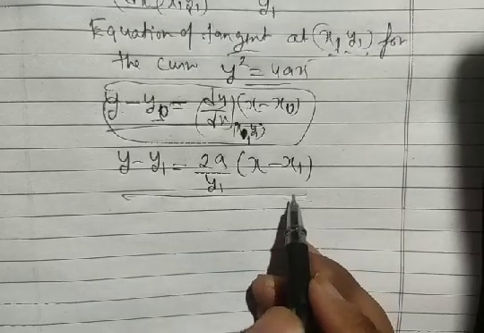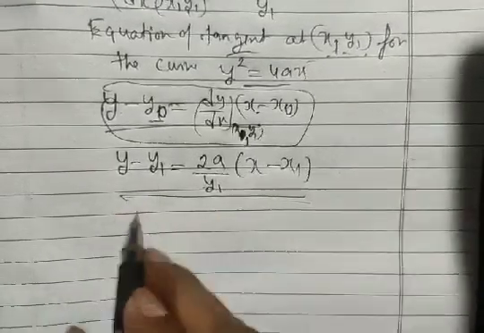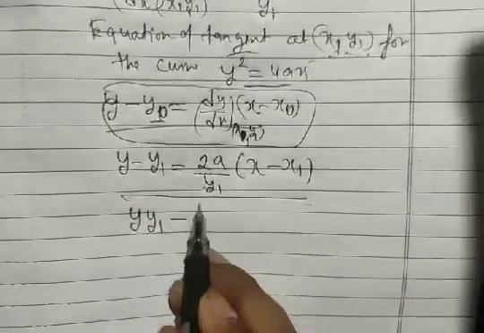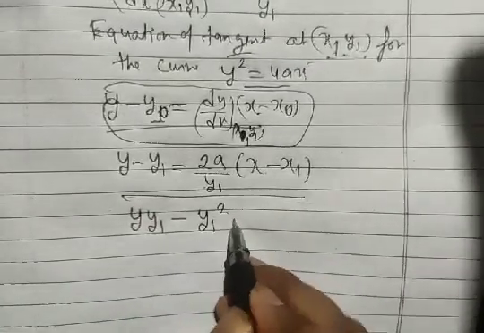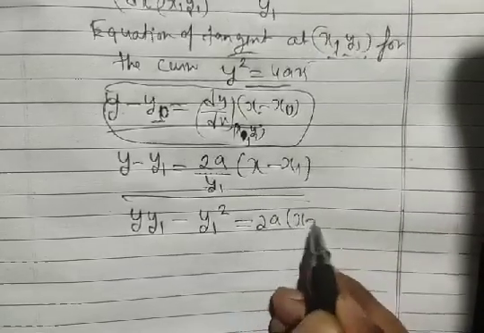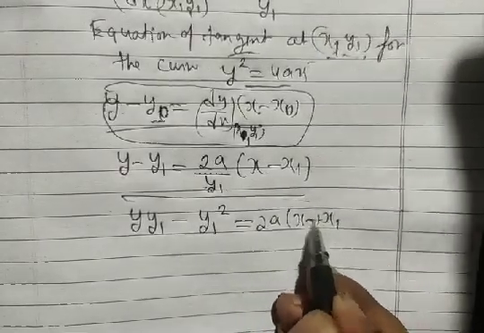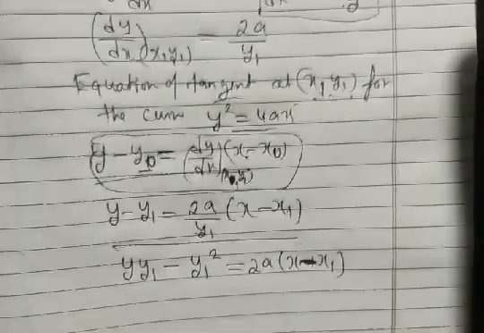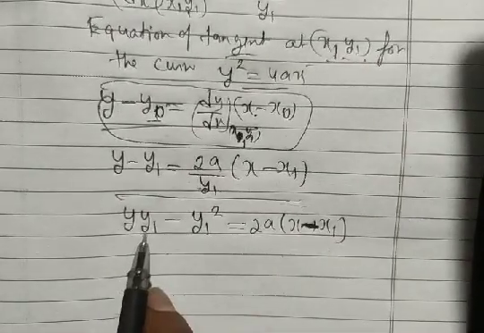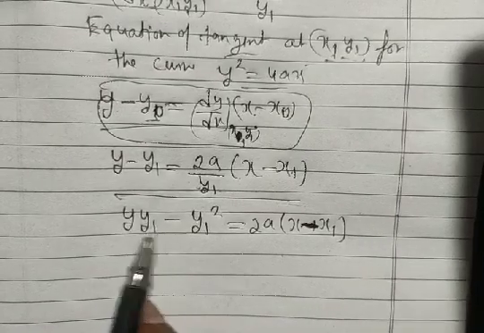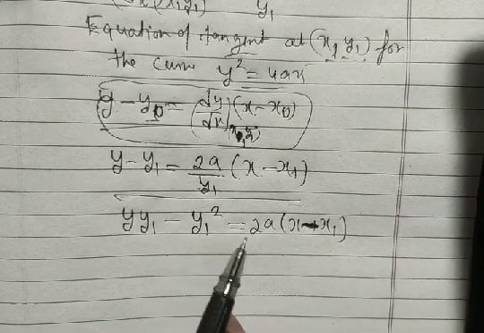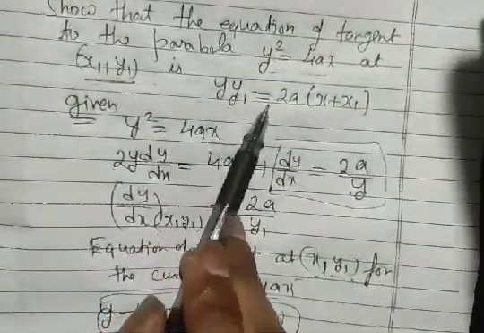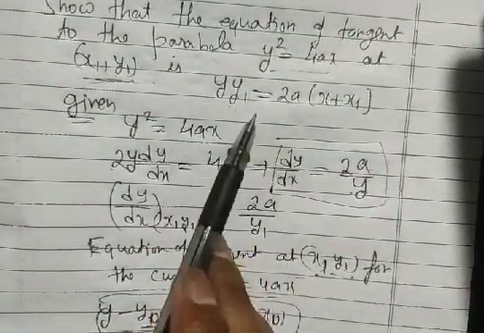Now we solve it, multiplying through: y y1 minus y1 square equal to 2a times x minus x1.